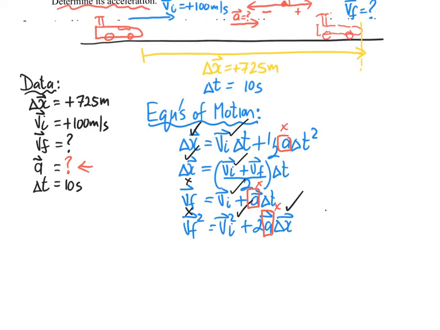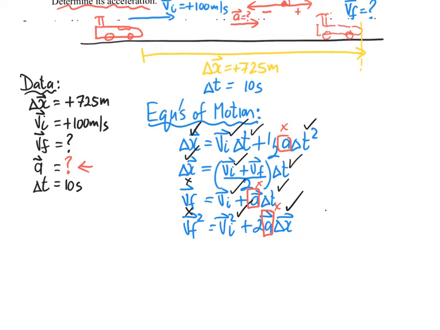We do have the time, delta t, so I'm going to put a tick above delta t. You wouldn't do this all the time, but in the beginning it's good to do this to get a feel for which of the 4 equations you can use depending upon what quantities you have been given.